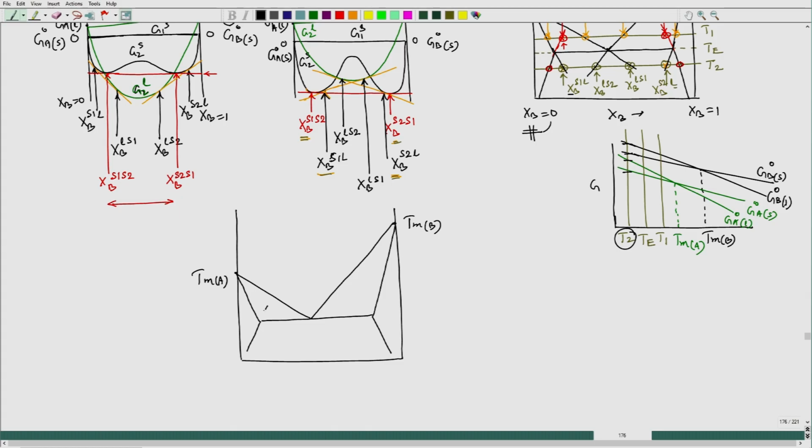Now we can put this one as dotted, like this one dotted, like this one dotted, like this one, and this one. So, these dotted lines correspond to metastable compositions, and these are also found via that common tangent rule. Okay. So, this is temperature and this is composition.